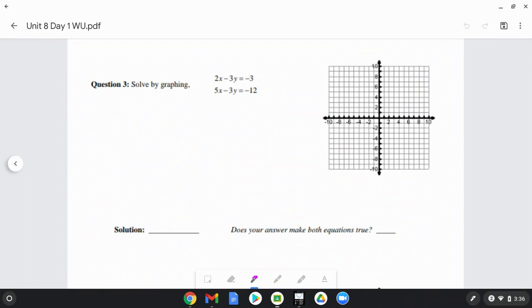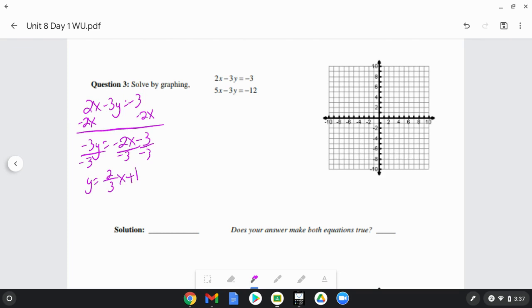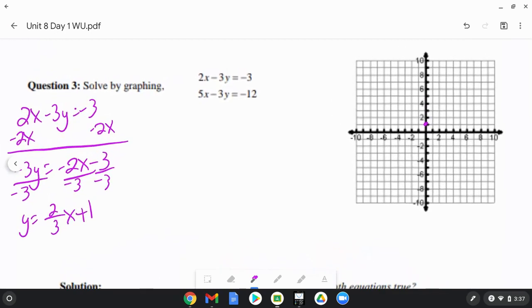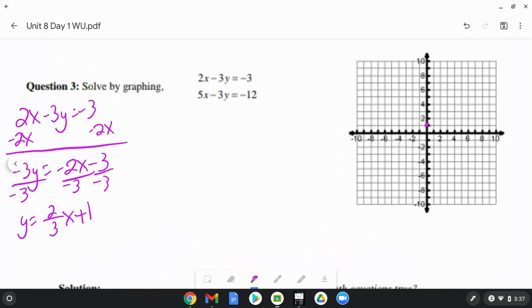All right, so if we solve for y for this top one, we'd subtract 2x. Divide by -3. So we get y equals 2/3 x plus 1. So I go to +1, and I go up 2/3 forever. Up 2/3.